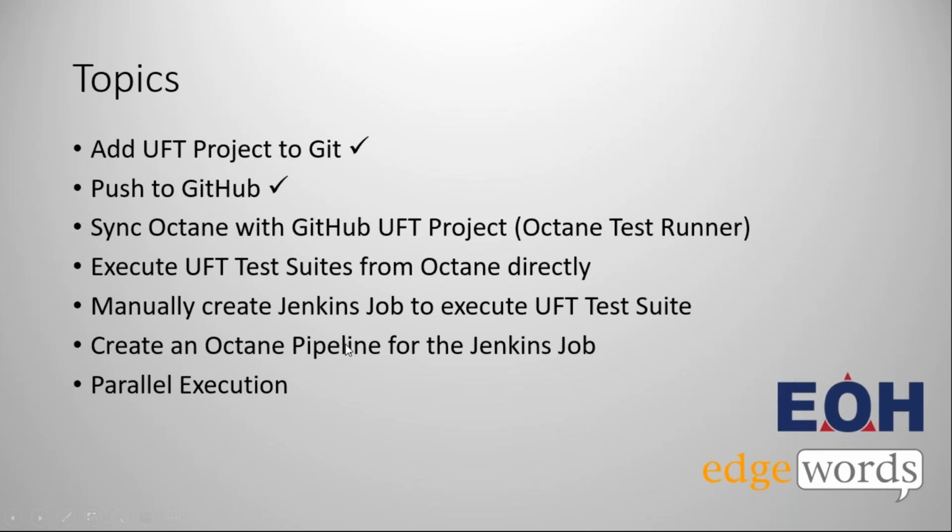And we'll see that we can trigger that job either from Jenkins or we can do it directly from Octane by creating an Octane pipeline. And then finally, we're just going to have a look at a really nice feature for web or mobile if you're using Jenkins to execute your UFT tests, the fact that we can point and click set up parallel execution as well, so things like cross-browser testing.